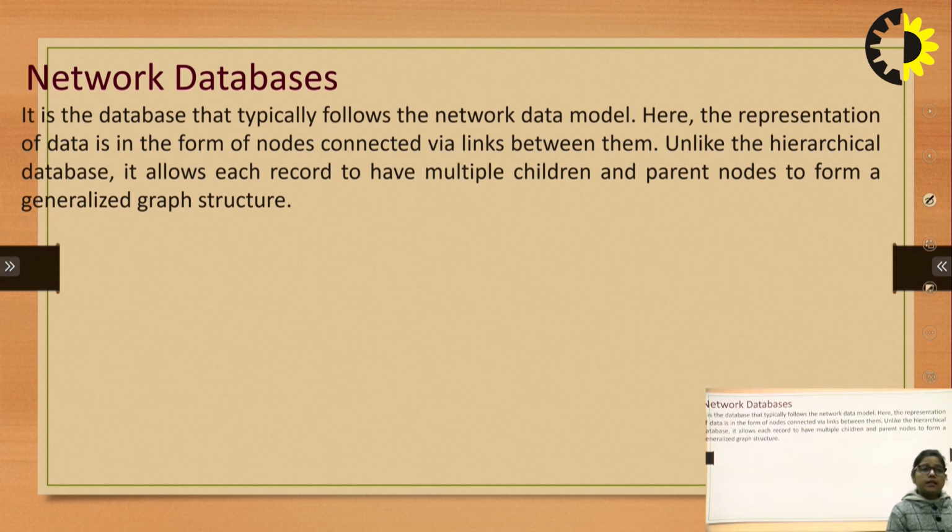Unlike the hierarchical database, it allows each record to have multiple children and parent nodes to form a centralized graph structure. In the previous database, the process is one parent and one node, but in this database, it allows each record to have multiple children and parent nodes to form a centralized graph structure.